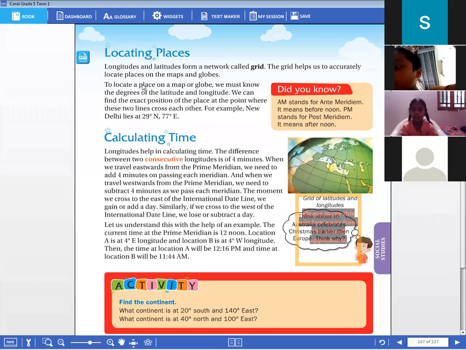Let's see, children. To locate a place on a map or a globe, we must know the degrees of latitude and longitude. We can find the exact position of the place at the point where these two lines cross each other.